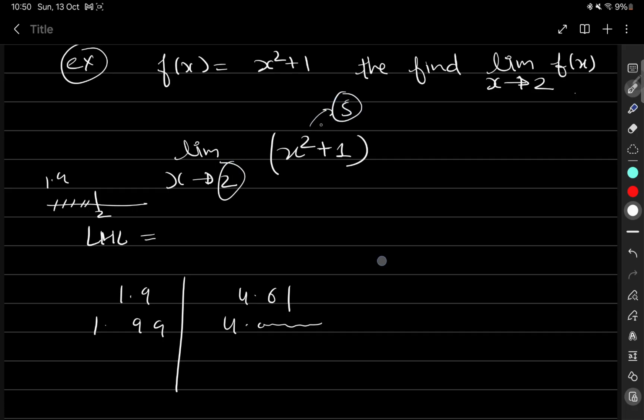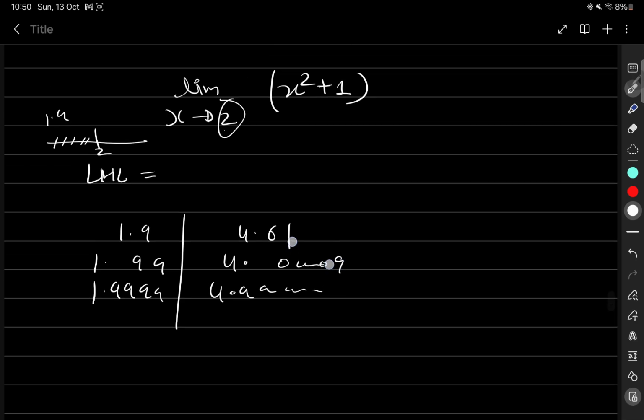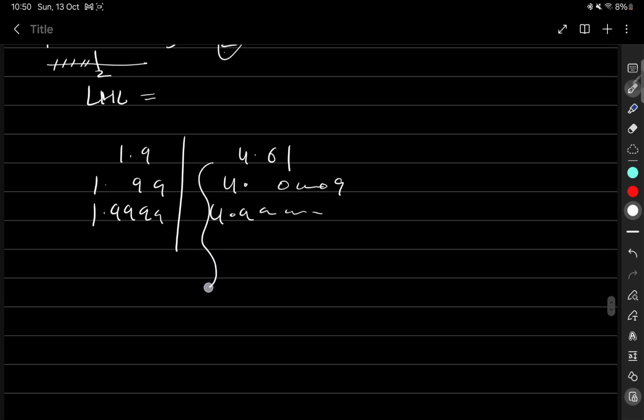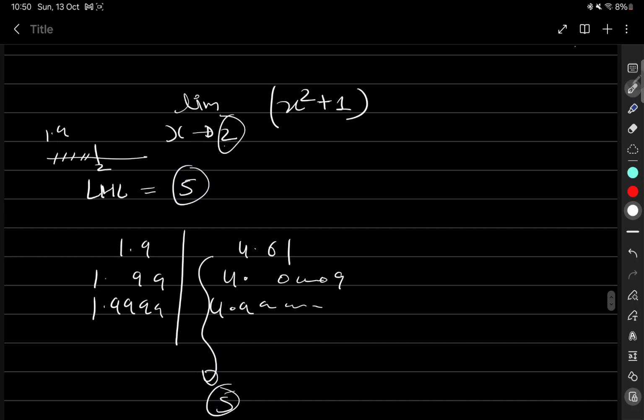So if I am putting less value than 2, that means I'll get some values which are lesser than 5, and more than 4. So I'll put 1.99, so this will come 4.999 something. Getting it now? So this value is approaching towards 5. So LHL I am getting 5.